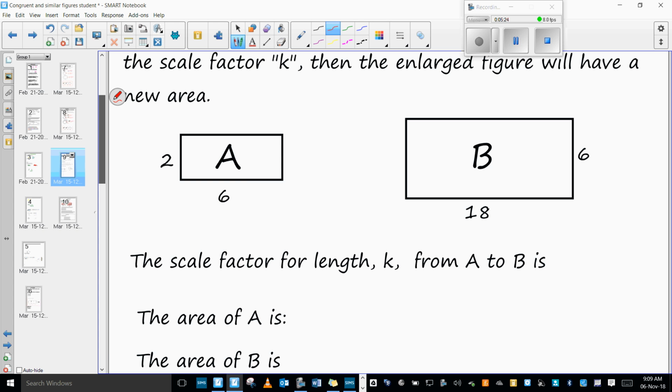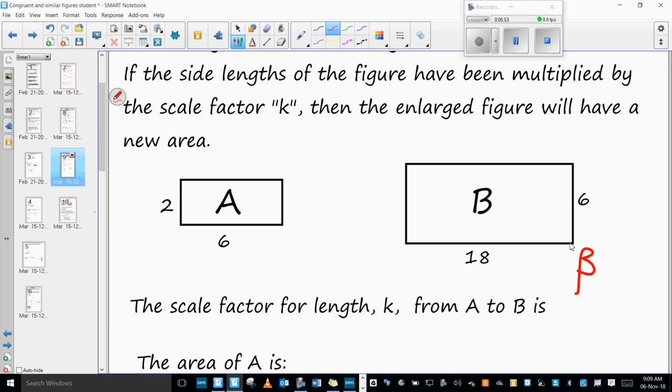So I can see that shape B is similar to shape A, and it has a scale factor. Okay, remember when we talk about enlargements, we talk about scale factors? So our image length divided by our original. So what would be the scale factor from this rectangle to this one? What do I multiply this rectangle by to get to that one? Remember? 3.